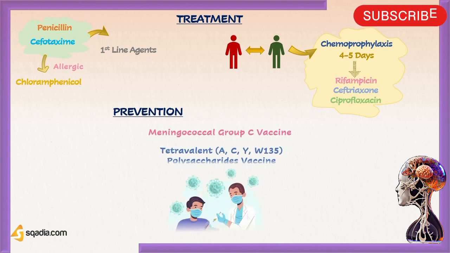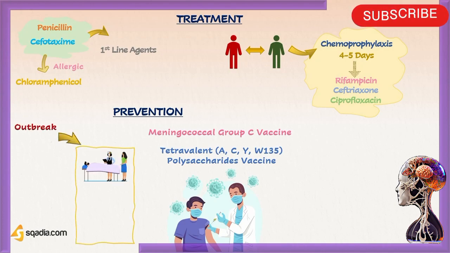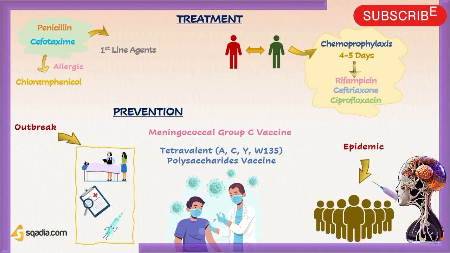Meningococcal group C vaccine and tetravalent A, C, Y, and W135 polysaccharide vaccine are available for travelers to high-incidence areas, while a group B vaccine is being developed. In case of an outbreak, careful surveillance, early diagnosis, and immediate treatment of suspect cases is done. While if large-scale epidemics occur, mass vaccination of the entire population should be considered.